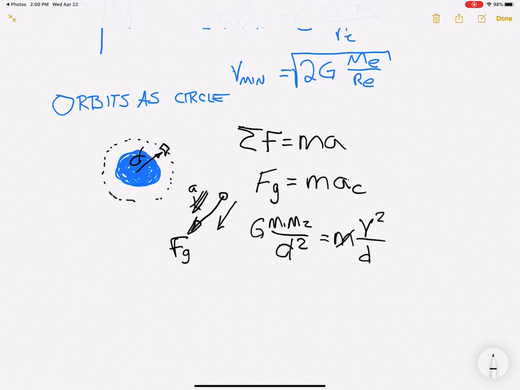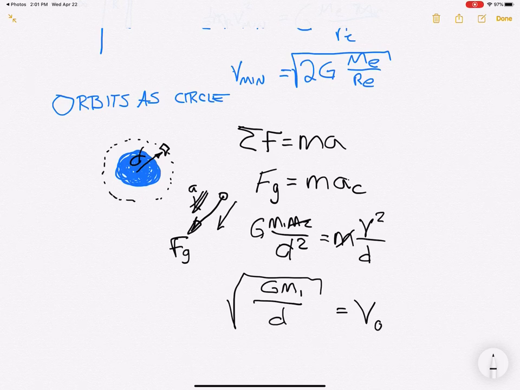The mass of our system would go away, and I multiply both sides by d, so we wind up with G M1 over d under a square root, and that will be the orbital velocity.